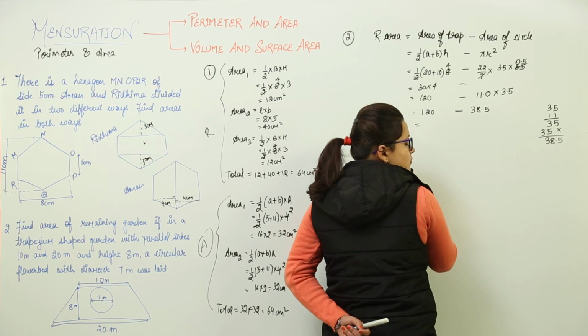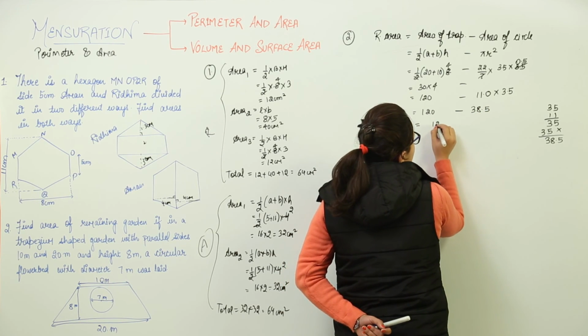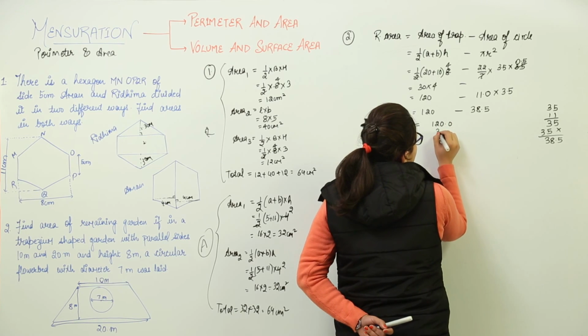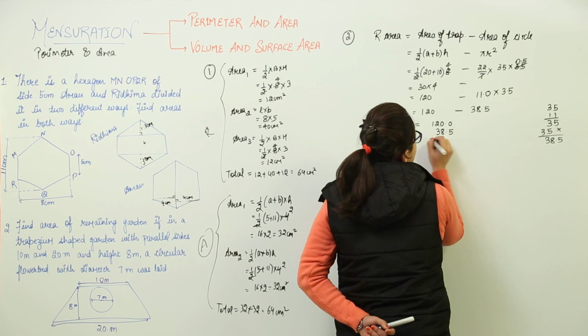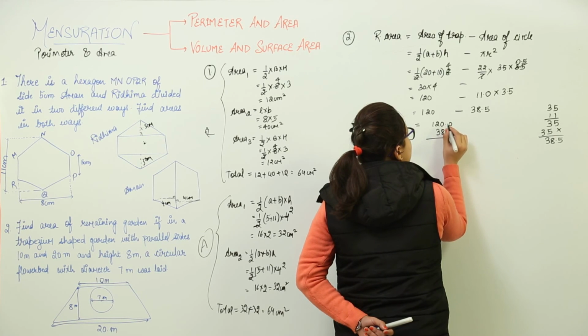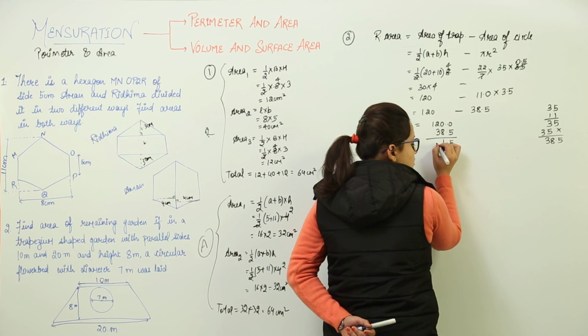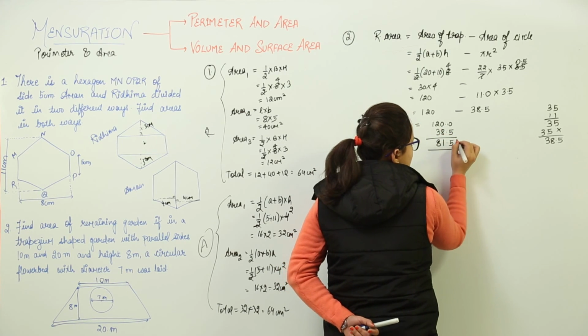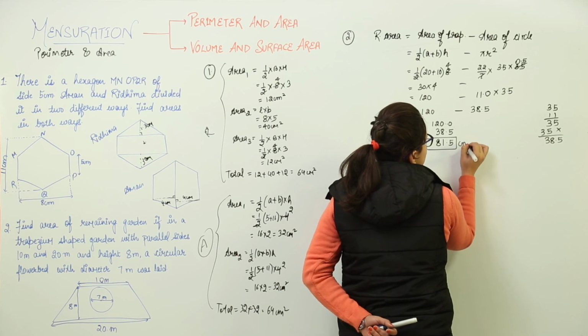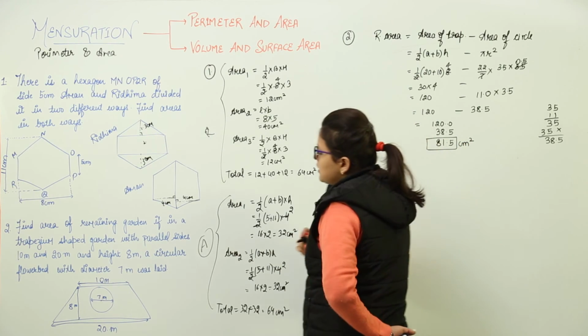If you subtract them both, 120.0 minus 38.5, 10 comes here, 5, 9 minus 8, 1, and 11 minus 3, how much? 8. So we get 81.5 meters square as the remaining area.